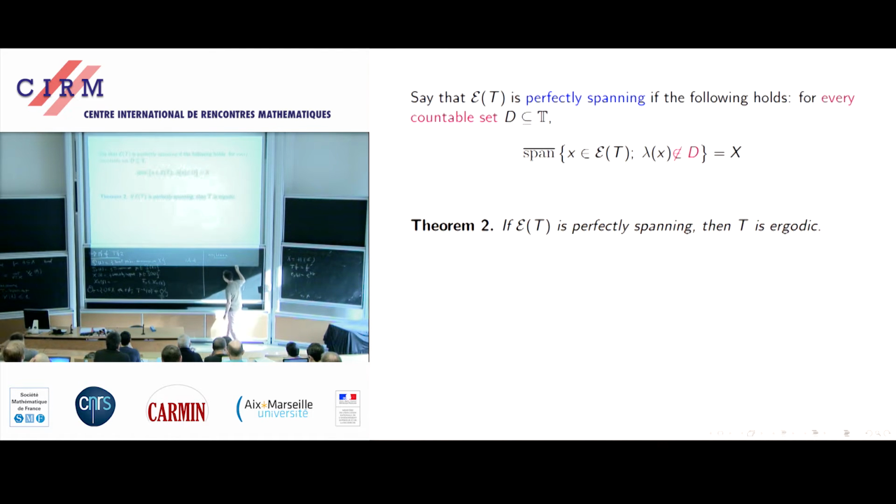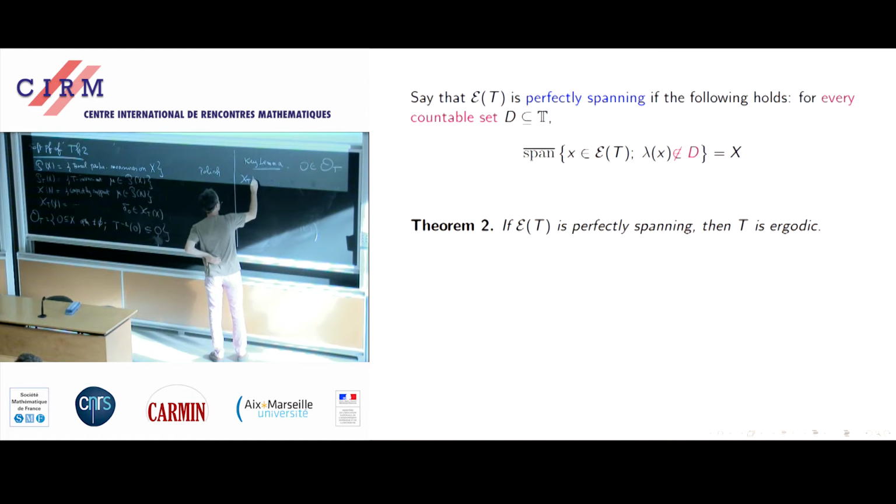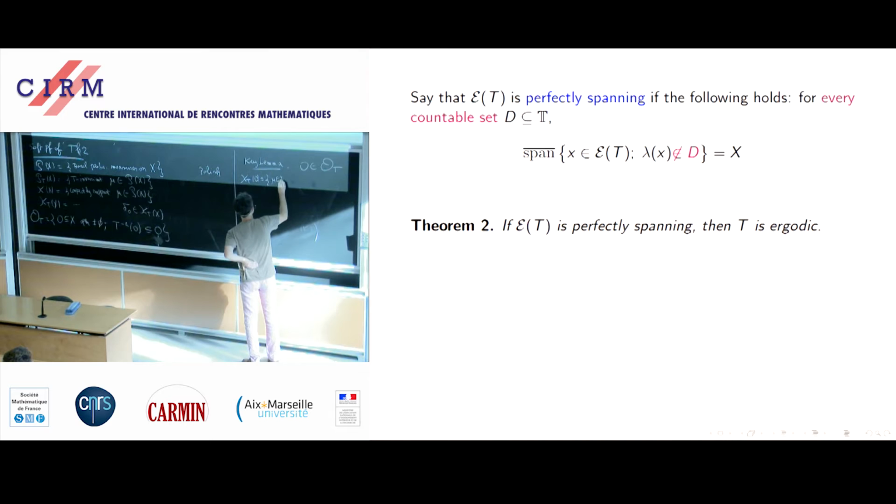So you take any O in this family of open sets, and you look at K_T of O, which is the set of all mu in K_T which are supported on O. Okay?